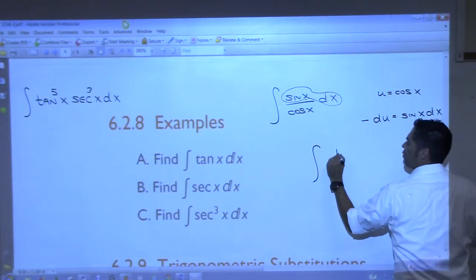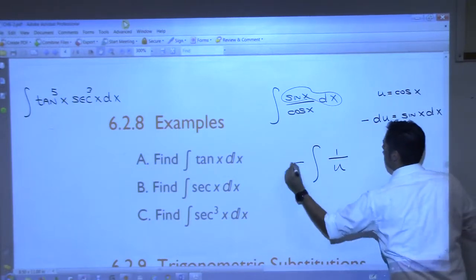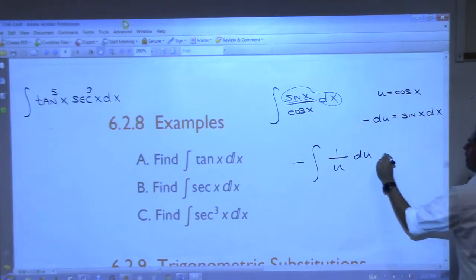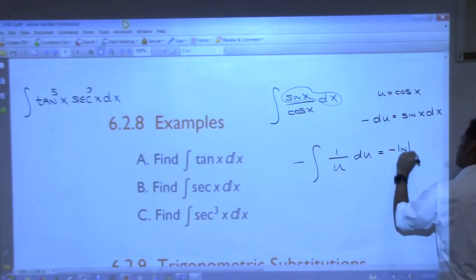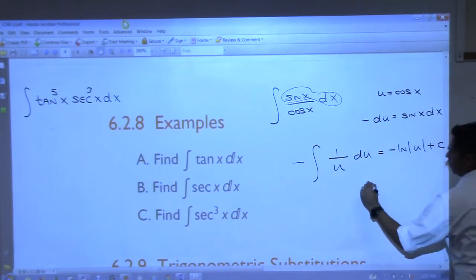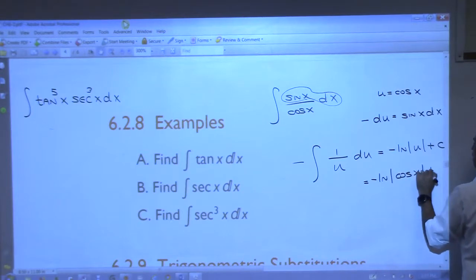So this is 1 over cosine, which is really 1 over u, and then I had a negative out front du. Is that okay? That's a negative natural log of the absolute value of u plus c. All right, what's u? Cosine x plus c. That doesn't match the formula.